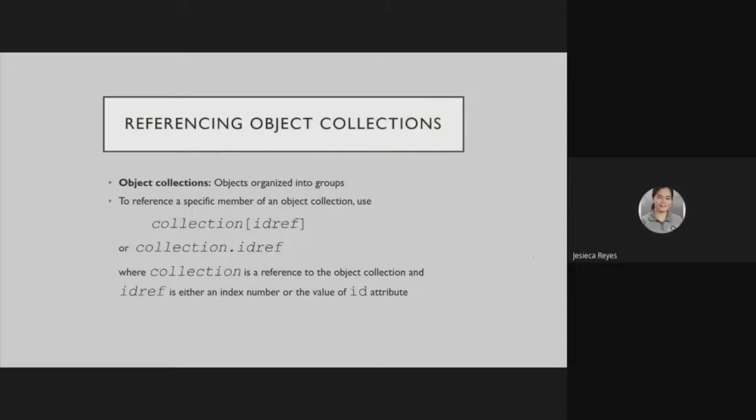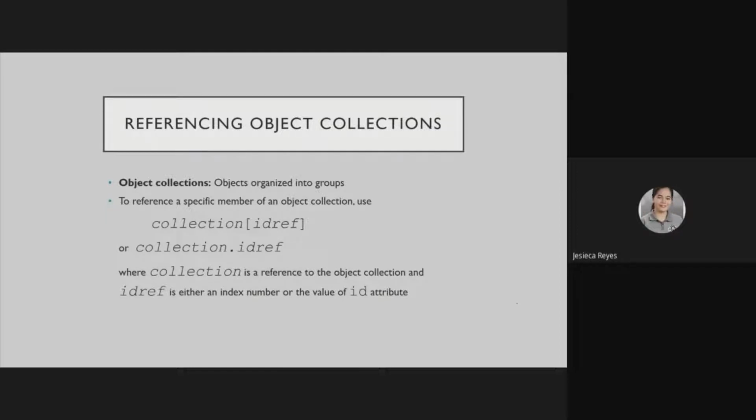Okay? And objects are organized into groups. So to reference a specific member of an object collection, we have to use the subscript operator or the dot. Okay? So here, collection is a reference to the object collection. And here, the ID ref is either an index number or the value of the ID attribute.